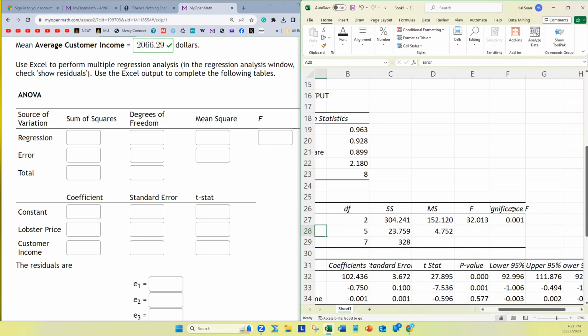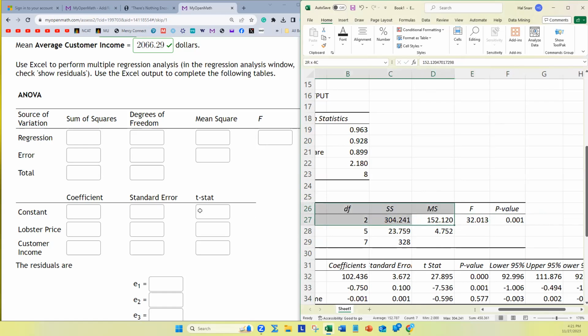And the next thing I do, I don't like using significance F here. So what I like to do is I like to use p-value. This is the p-value of the F statistic. And that's the F statistic right there. F statistic is just the ratio of these two. If I divide this by that, I get the F statistic.